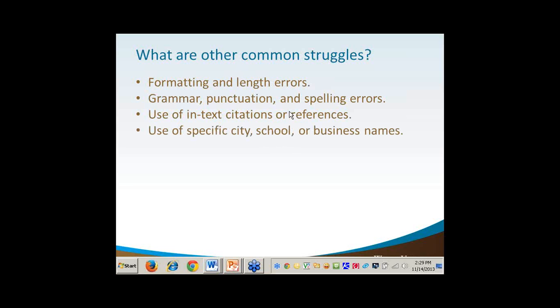The use of a specific city, school, or business name should be omitted from an abstract unless the study is a case study, or it's something where the focus on that one specific city or school or business name or some other location is the prime focus of this research, and omitting that would dilute the meaning of the study. Otherwise, general descriptions of geographic locations should be included in the abstract.